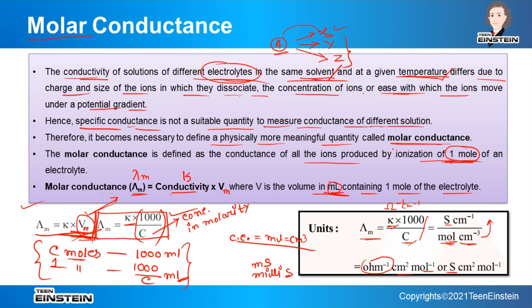But when we say equivalent conductance, it is by all the ions produced from one equivalent of the electrolyte. So there are 3 types of conductance: specific conductance, which is kappa, another name is conductivity; second is molar conductance, sometimes also called molar conductivity; and the third is equivalent conductance or equivalent conductivity.